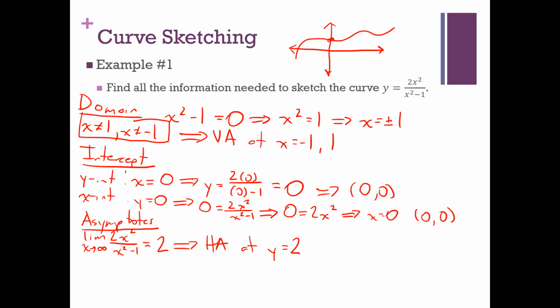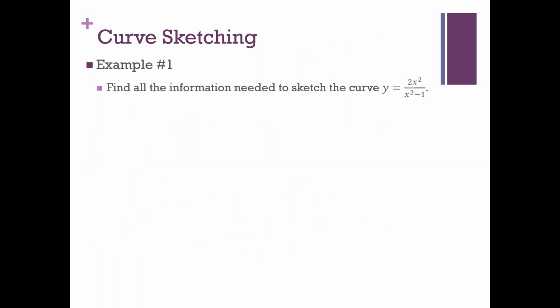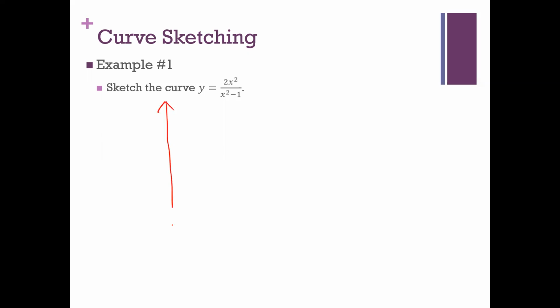So I think we have a pretty good idea what this graph looks like so far, right? Also, I'm running out of room, so let's start working on it. The domain is everything except for -1 and 1, right?